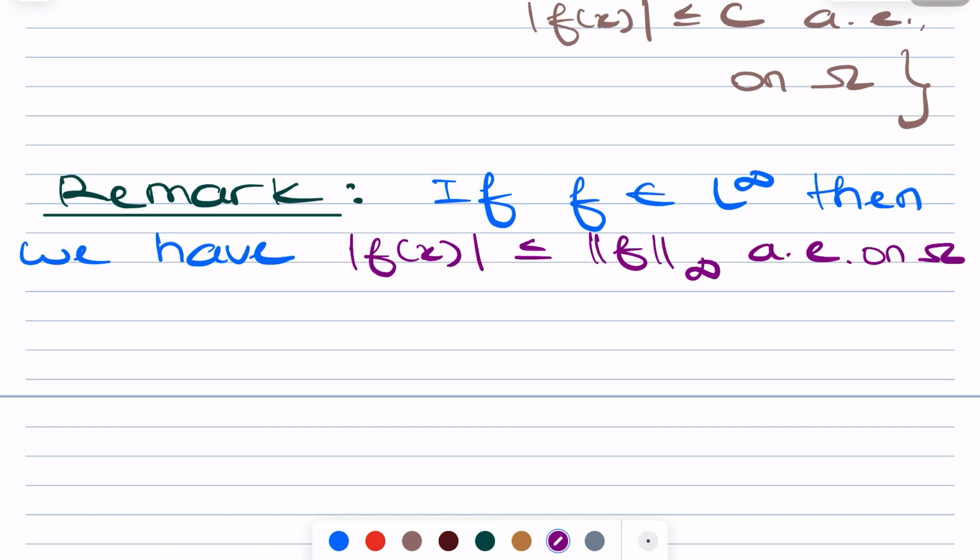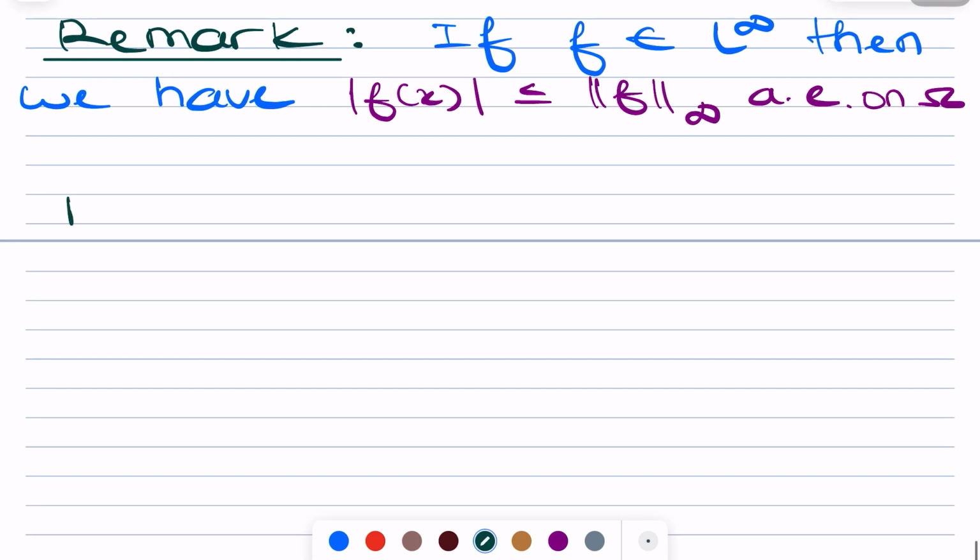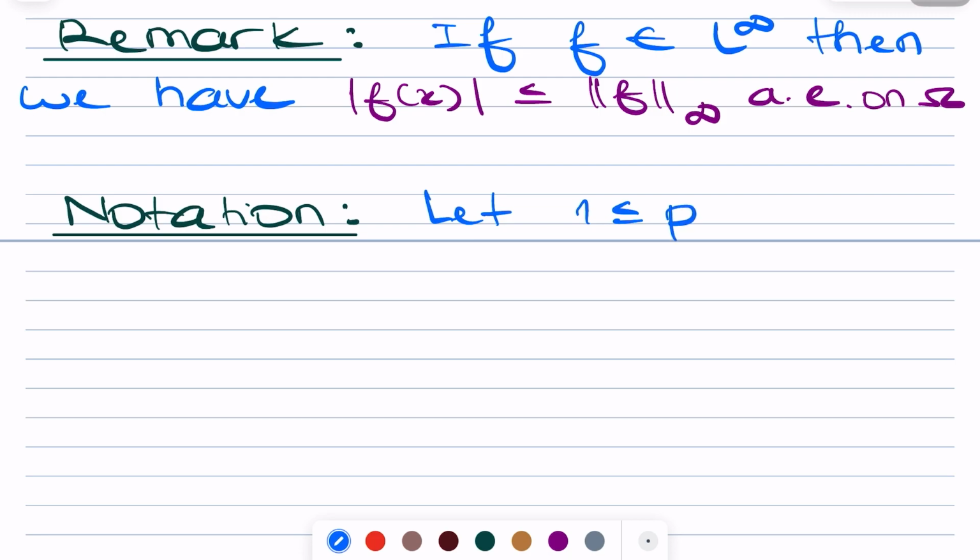So okay, notation. Let p be between 1 and plus infinity included.